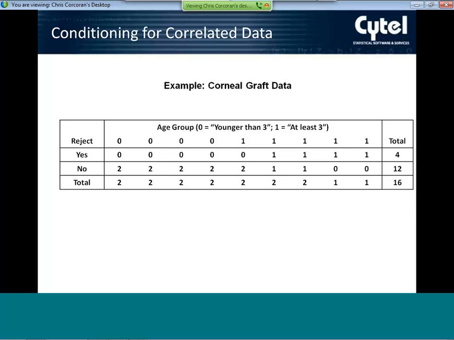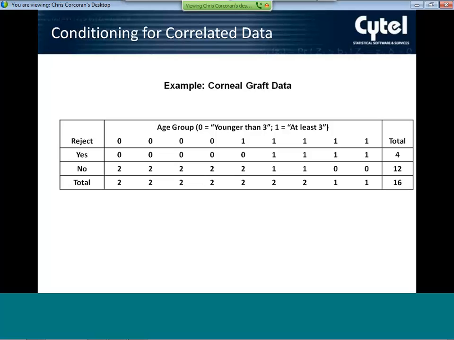The column margins tell you how many graphs were performed on each child. So you can see there were 7 children with 2 graphs and 2 children with 1. And I've coded the treatment or exposure as either 0 or 1: 0 for those children who are younger than 3, and 1 for the children who are older than 3.